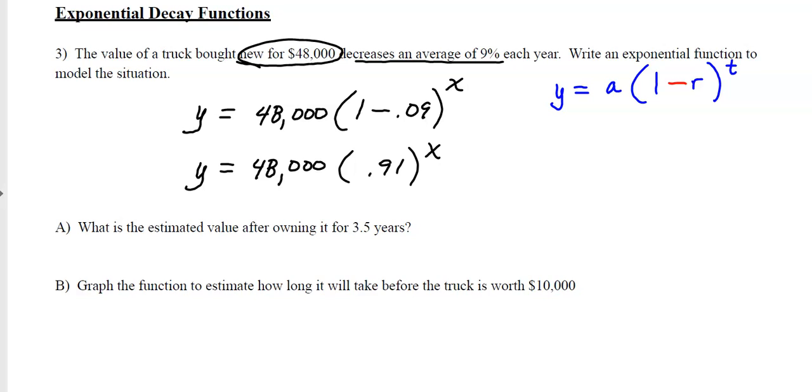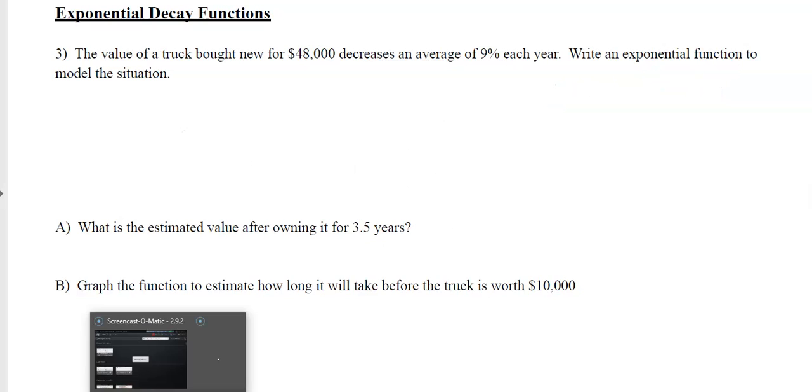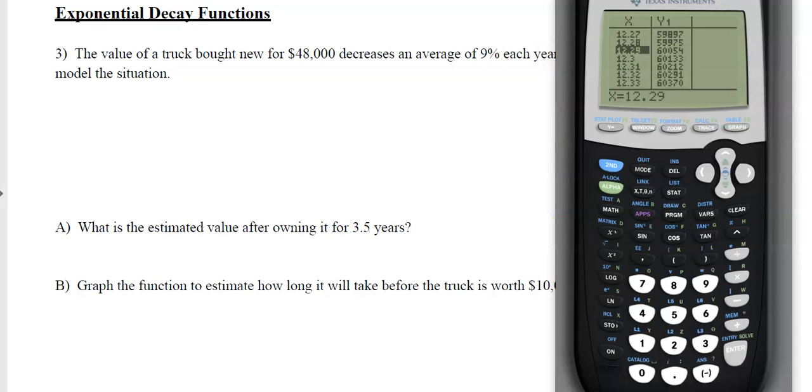Part A says, what is the estimated value after owning it for 3.5 years? So I'm going to just plug in 3.5 for x and see what we get. Let's pull up our calculator again, quit out of this and go to our normal calculator.